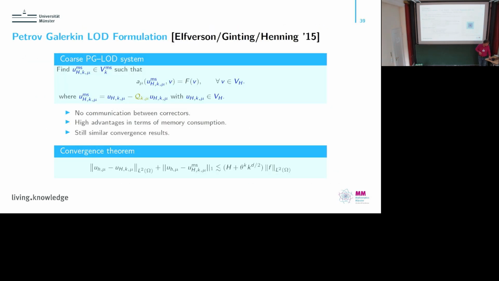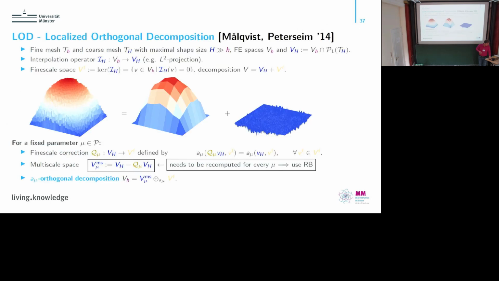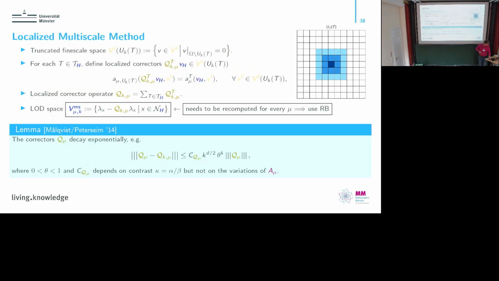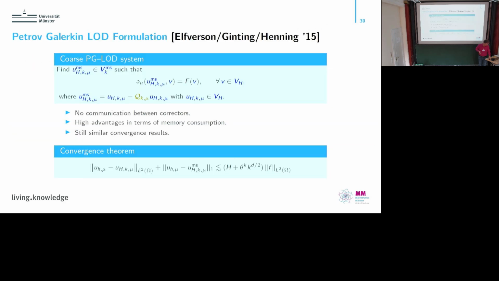So if you go back... So it's actually, the first component of this vector is this coarse part, and the second one are the element contributions of the corrector. Okay.